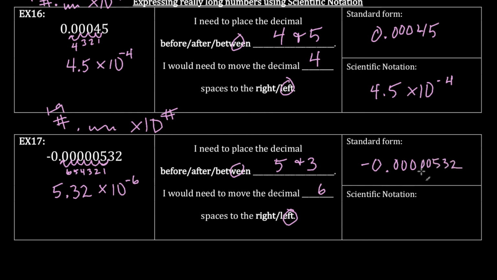I don't feel like interpreting that. That's kind of the whole point of scientific notation, to express really small, really large numbers differently. So like this right here, I can say is 5.32 times 10 to the negative 6th power. And that's it. Thank you.